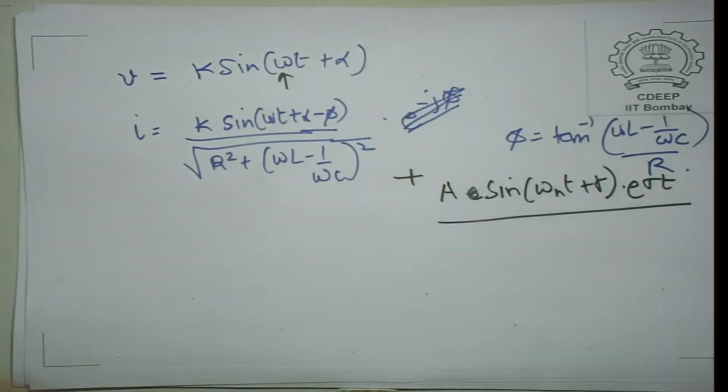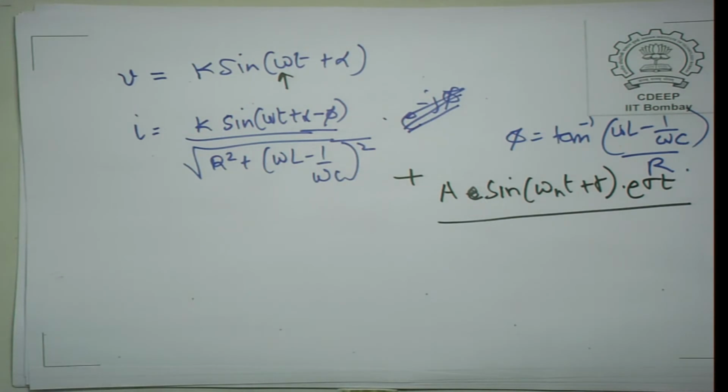So, contrast this with the RL circuit, where the natural response was e raised to minus R by L into t. The natural response of this circuit is in fact a damped sinusoid. The damping depends on the value of sigma, which is actually negative.